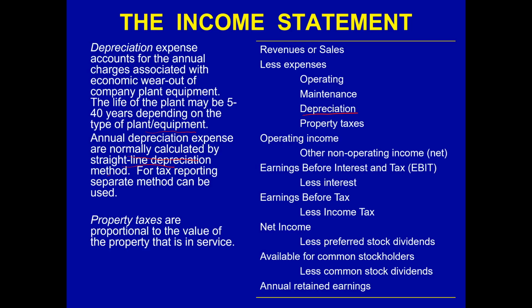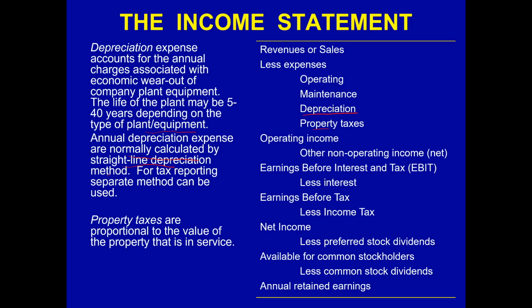In financial accounting depreciation, we can use the straight line depreciation, but for tax purposes we may use some other method in which we can show that the asset has been quickly depreciated to show more expenditure, and thus showing less income and eventually paying less tax.